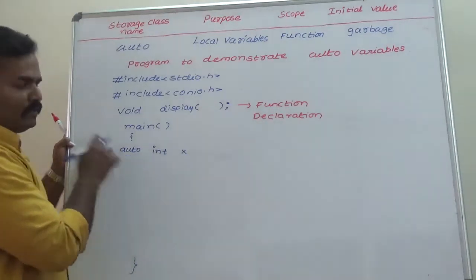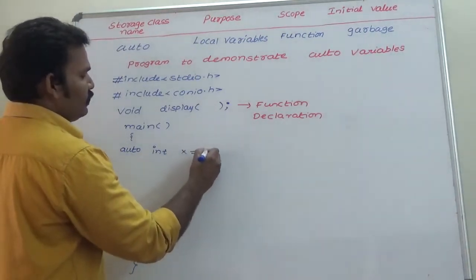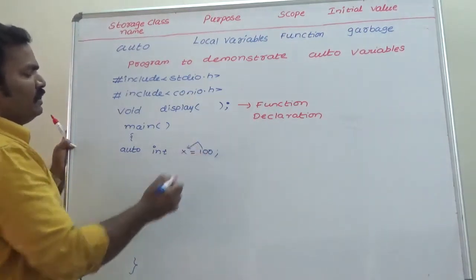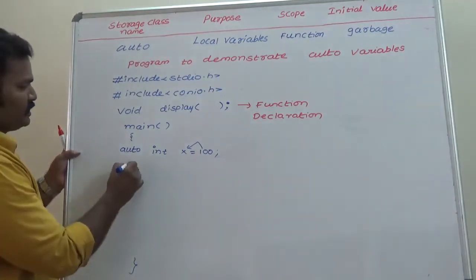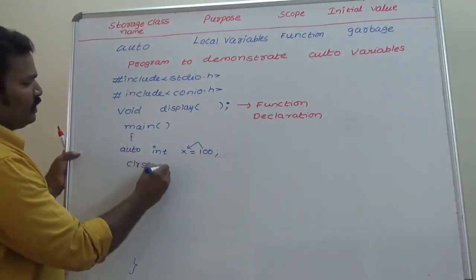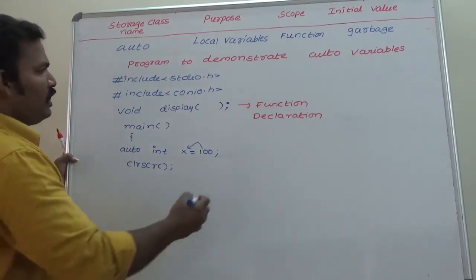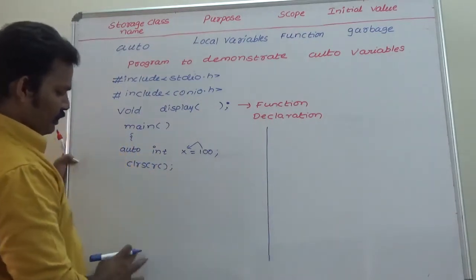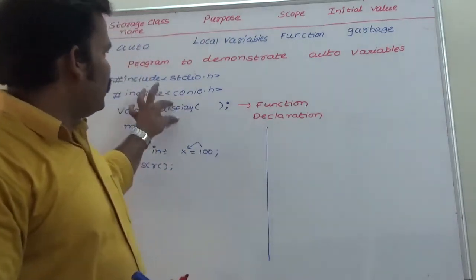Now x is an auto variable. So 100 is assigned to the x variable. Next, clrscr to clear the output screen. Now I want to define this particular function.